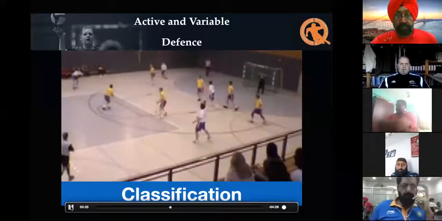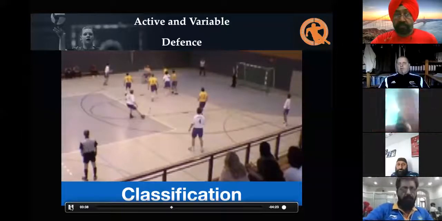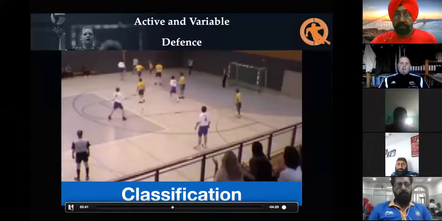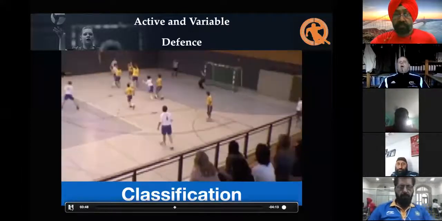So as you can see, they're running like crazy, but they are always one step ahead. And I like this type of defense very much because it changes the character of the game.